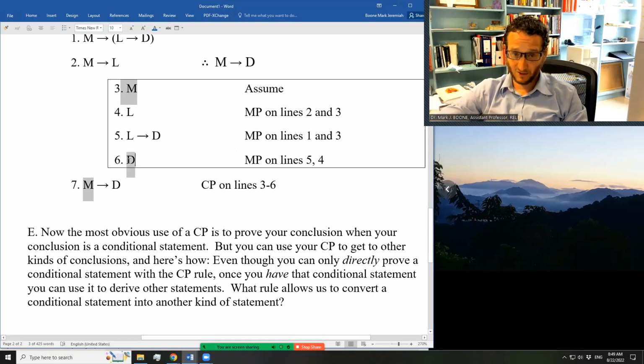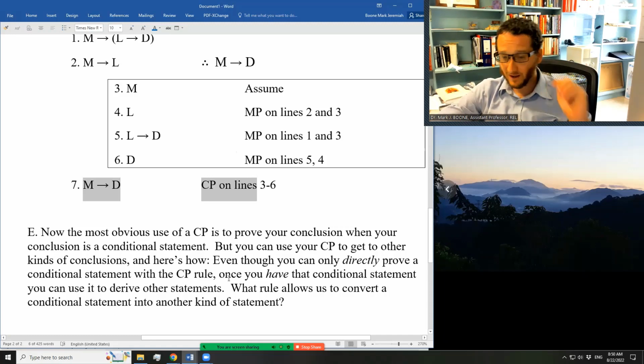And the last step of a conditional proof is the consequent to the same proposition, and the statement of that if-then statement, the antecedent arrow consequent proposition, is given after the conditional proof, and it cites the conditional proof. So you can only directly prove a conditional statement, an if-then statement, with the CP.